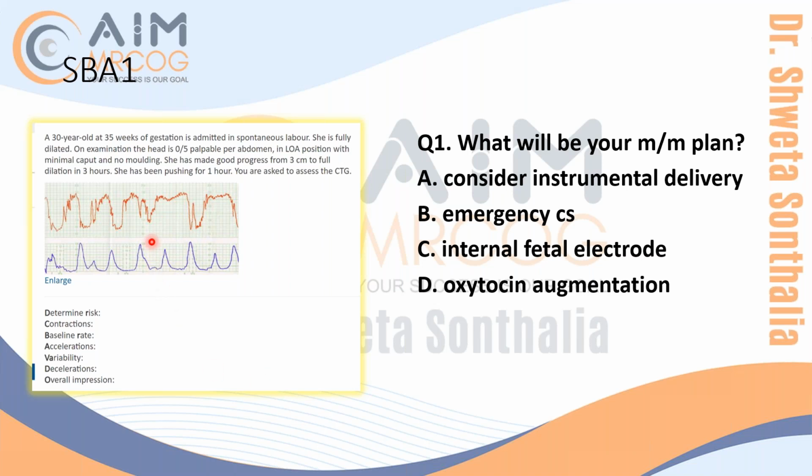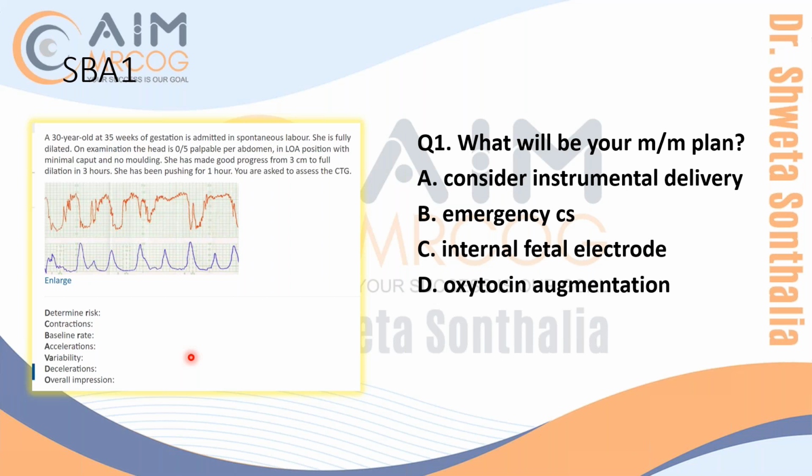Now, how you will do, as I told you, 60, 80, 100, 120, 140, 160. Here is the 160, 180, 200. You know that the numbering starts from 60. So go 60, 80, 100, 120, 140, 160. It's between 160 to 165 or 170. Whatever. So it is in the suspicious range, means non-reassuring feature, the baseline.